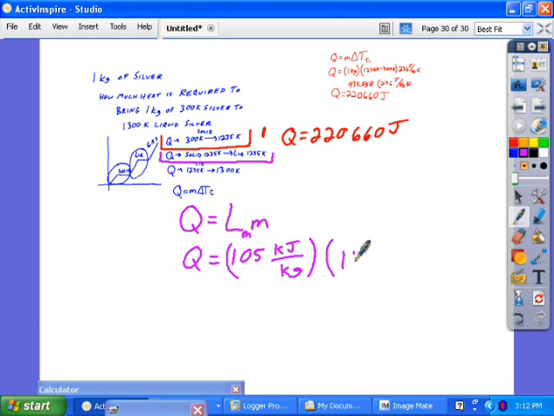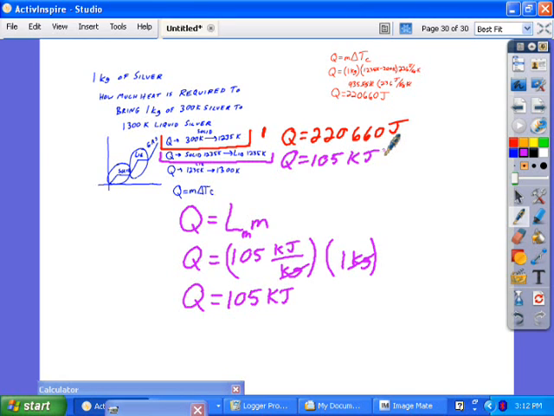My mass is 1 kilogram. So 105 times 1, kilograms are going to cancel with kilograms. So my Q for this process is 105 kilojoules. So for this step right here, Q is 105 kilojoules.